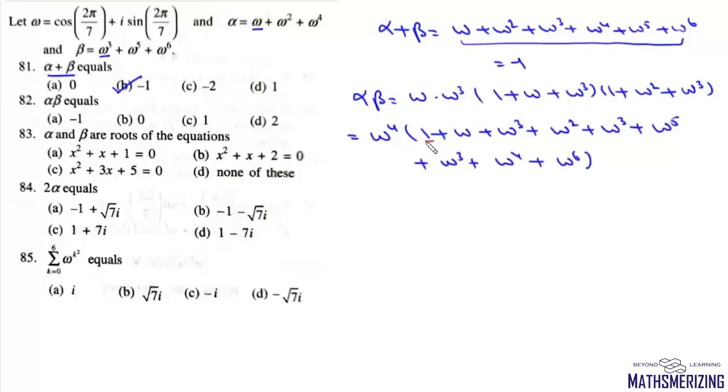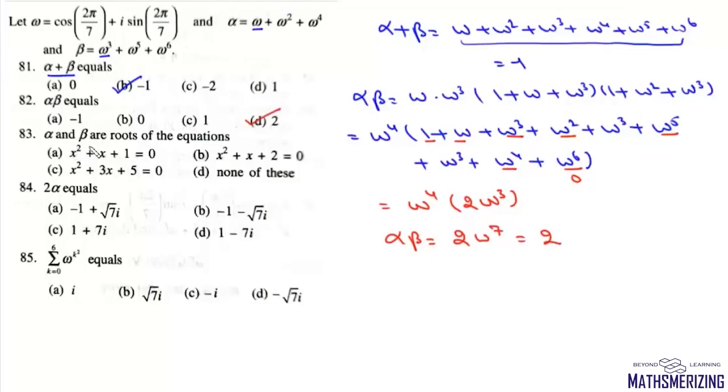Now we know that 1 plus omega square plus omega cube plus omega 4 plus omega 5 plus omega to the power 6 is 0. So we'll get alpha into beta equals omega to the power 4 into 2 omega cube. So alpha into beta is 2 omega to the power 7, and omega to the power 7 is 1. So alpha into beta is 2, and that's your option D.